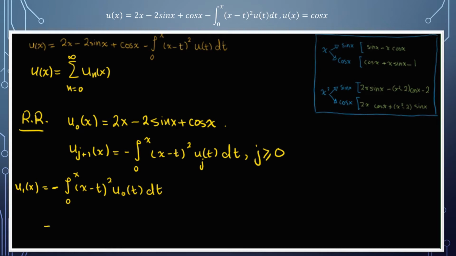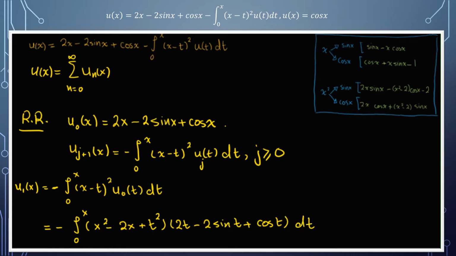And this will be equal to minus the integration from 0 to x of (x squared minus 2xt plus t squared), okay, u naught of t is 2t minus 2 sine t plus cosine t, dt.